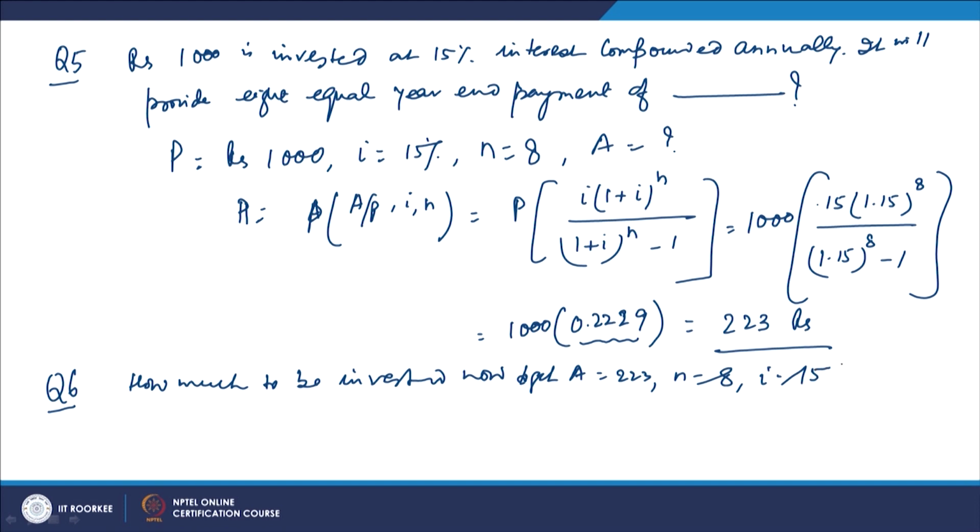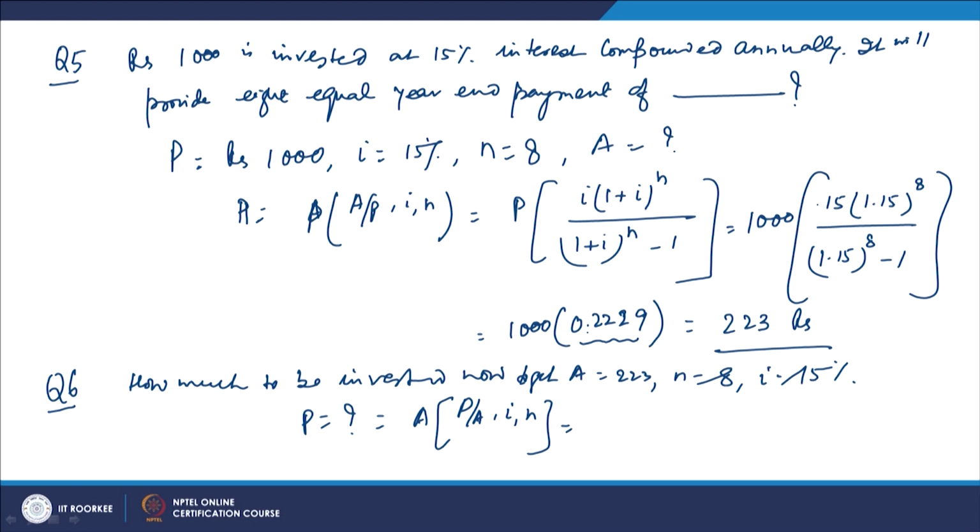In that case you have to get P, and P will be A into P by A, i, n. It will be the reverse of that, and that will be 4.4873.